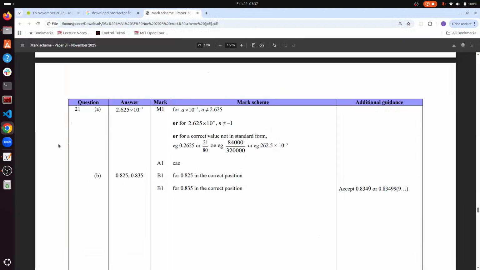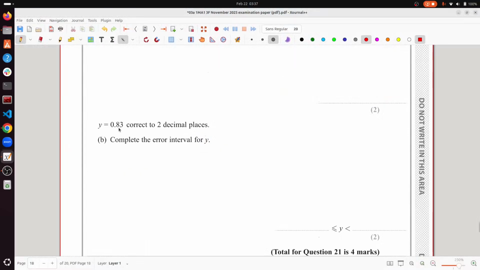That's correct. Y is equal to 0.83, correct to 2 decimal places, complete the error interval. So we can have the next one as 0.84, and the one below that as 0.82.